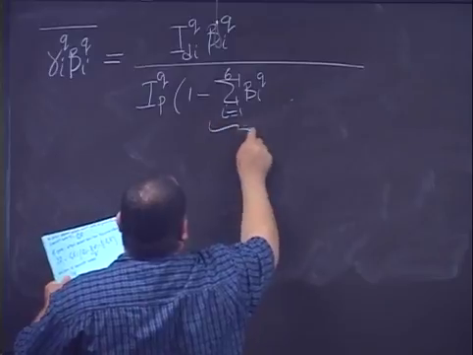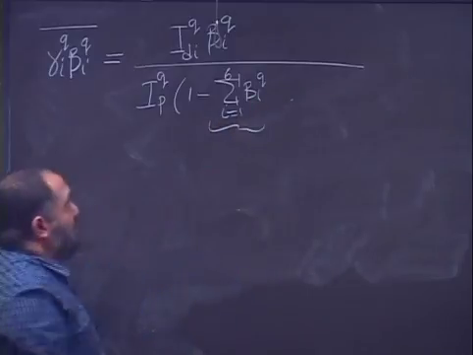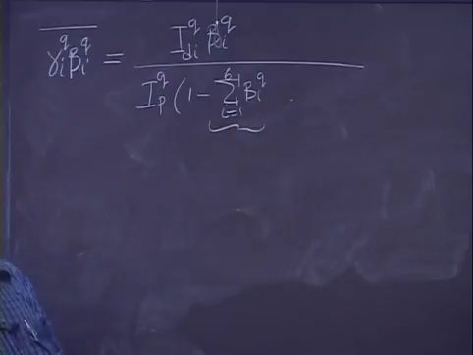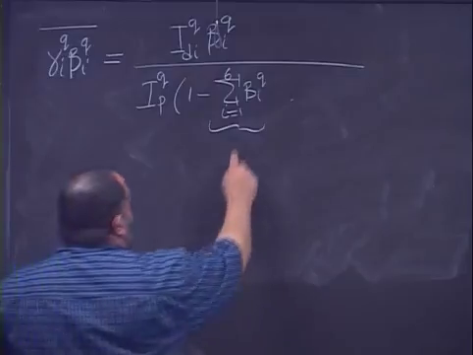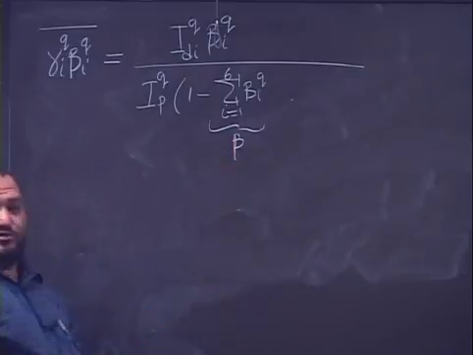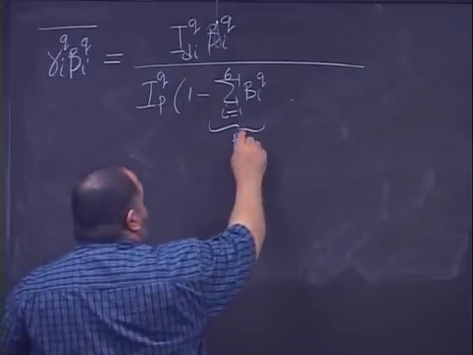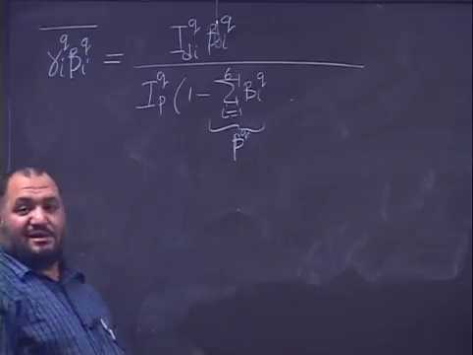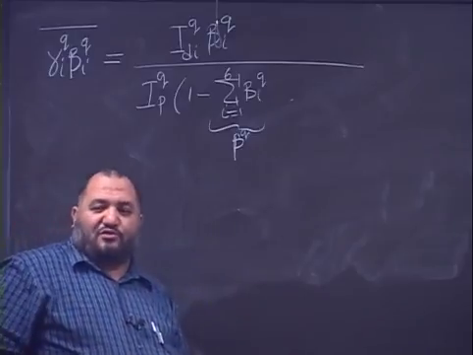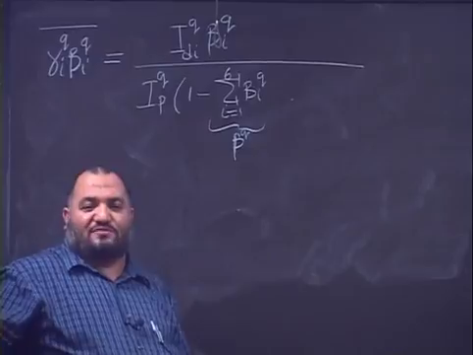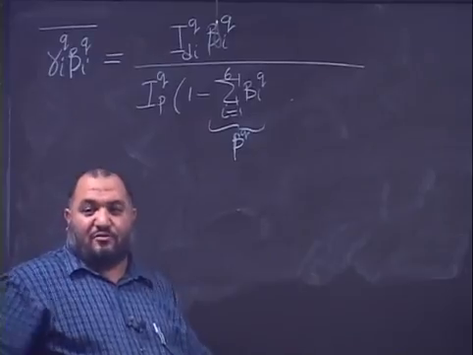What's this? For the isotope Q, if you sum all the relative fractions for group 1, group 2, group 3, group 4, and so on, this will give you what? Total beta for this isotope Q. Yes? So for uranium-235, we have total beta of 0.0065 coming from what?